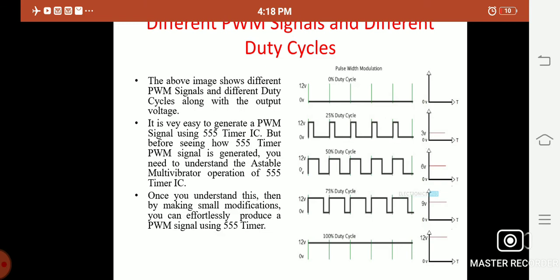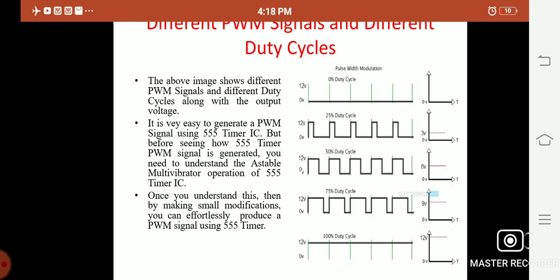Once you understand this, then by making small modifications, you can effortlessly produce a PWM signal using the IC555 timer. So the duty cycle of each individual cycle can be varied depending upon the time period.